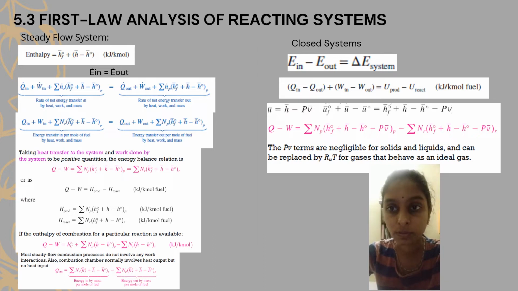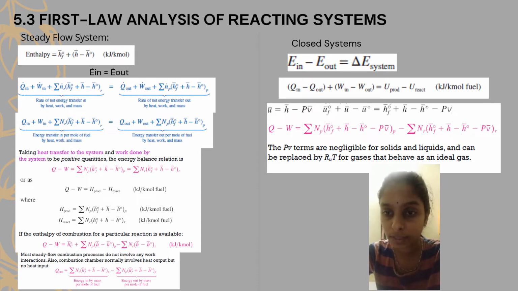Taking heat transfer to the system and work done by the system to be positive quantities, the energy balance relation is shown in the slide. If the enthalpy of combustion for a particular reaction is available, that is shown in the slide.